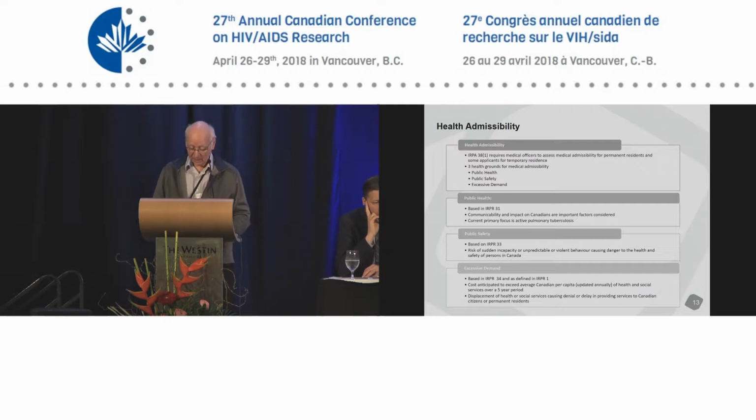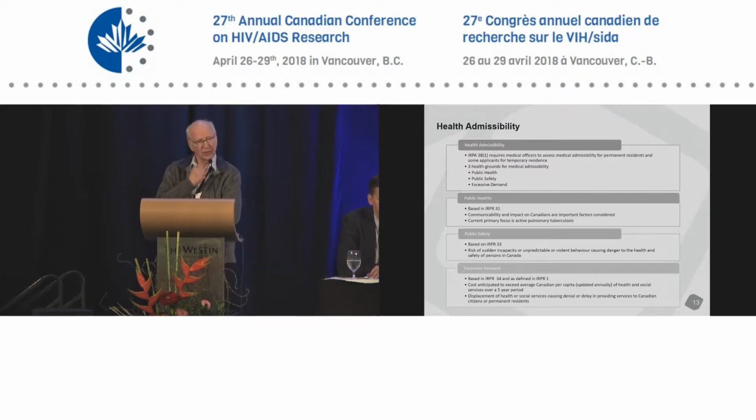What is public health? Public health, for all intents and purposes, refers to active pulmonary tuberculosis because it is a significant public health threat that is passed on casually. You cannot stop breathing, and it is the air you breathe out that can infect other people. So that is one aspect, and that's our most important aspect with regard to public health.